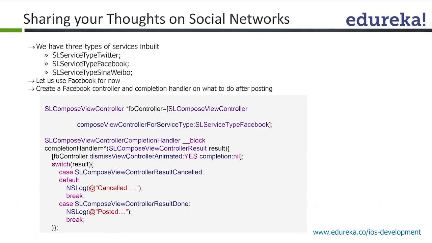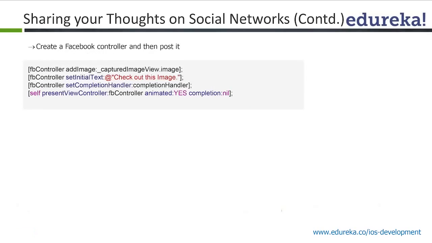So this is the completion handler you are creating, and you have to set this completion handler to your FB controller. Now you are going to post an image to your FB controller, so you have to set a property, addImage on the FB controller. Whatever image you have inside your image view, you are going to select that.